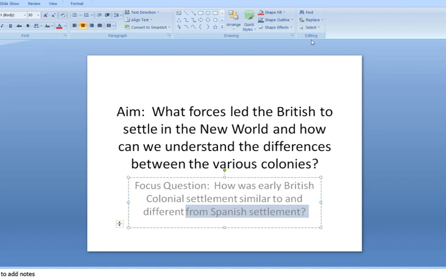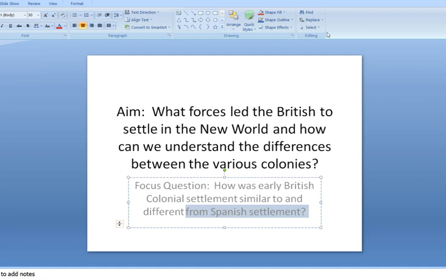Instead, the Spanish that come over are going to intermarry with the local populations, which is how we get the very mixed Spanish populations that we have today, the Hispanics. You've got white mixed with Indian, white mixed with African, African mixed with Native, Native mixed with everything else, and that's why Hispanics are such a very mixed population.